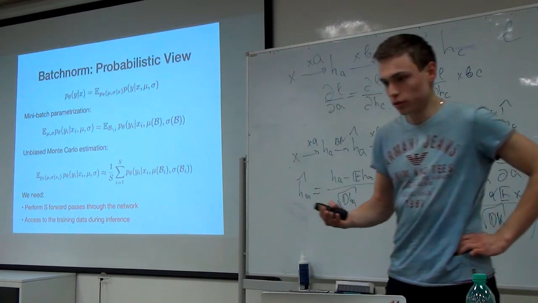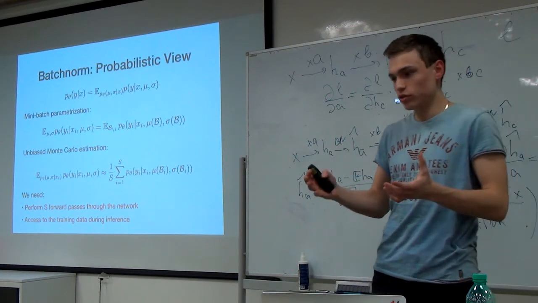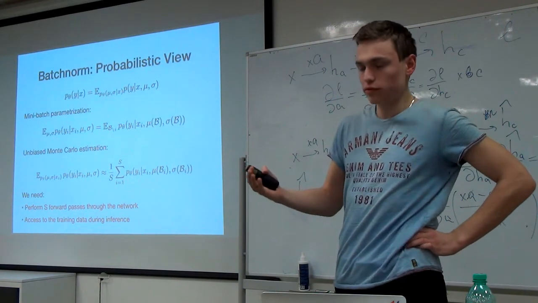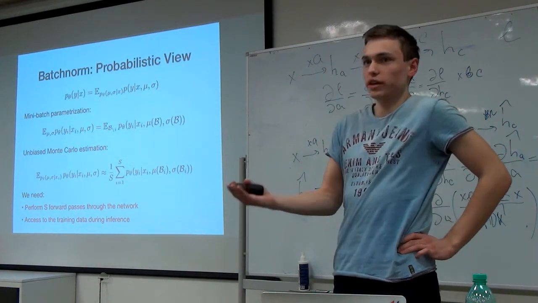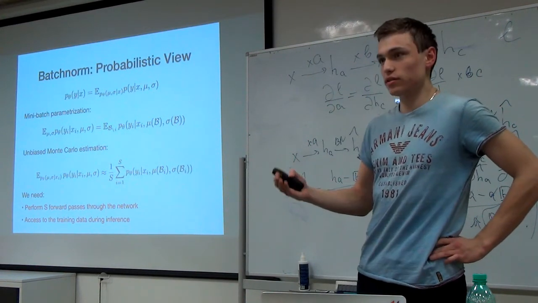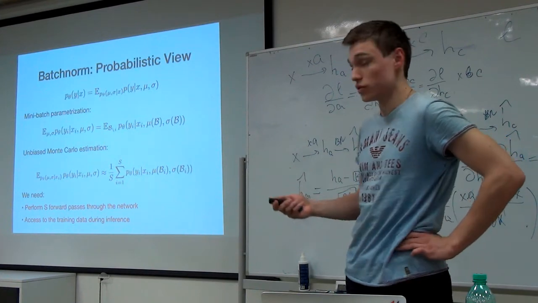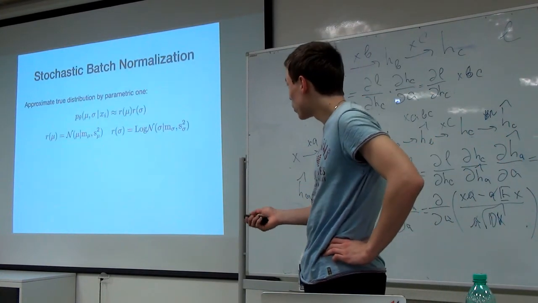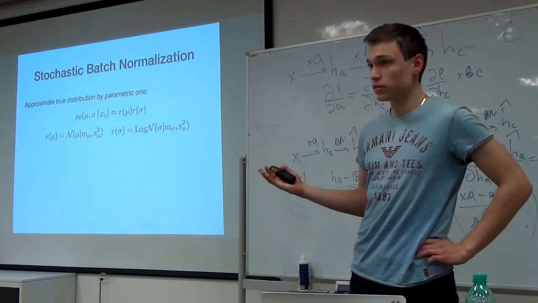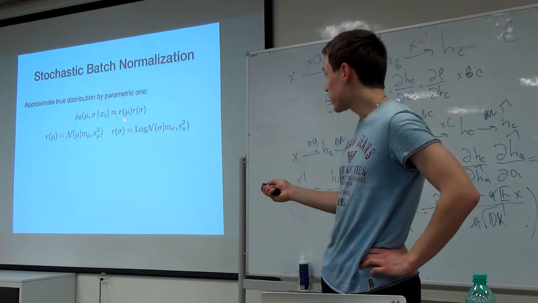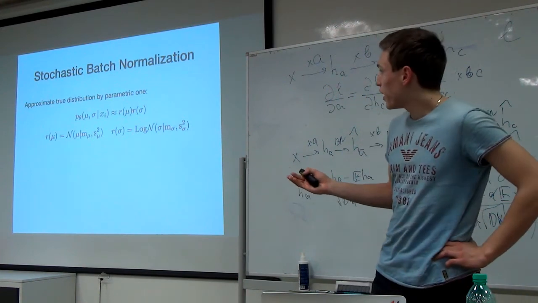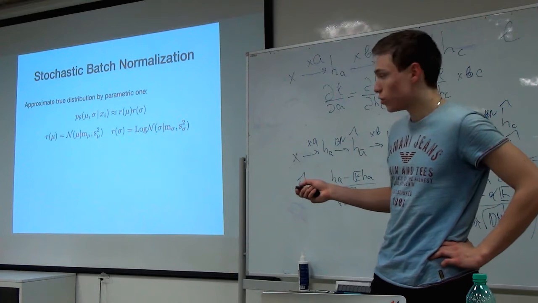We want model parameters to capture the hidden information from the data, and that's what we can do. We can parameterize this distribution and try to estimate the parameters of this approximation. So we propose to approximate this distribution with a fully factorized normal distribution for the mean and a normal distribution for the variance.